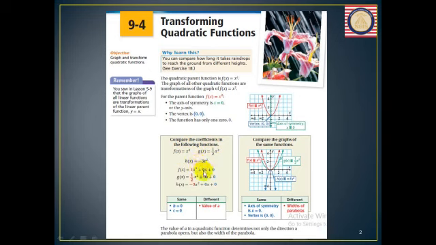And of course I don't have b or c. Both b and c are zeros, but I have different values of a. When you draw these parabolas, you will find that they have the same axis of symmetry, which is x equals 0, and the same vertex, which is (0, 0).